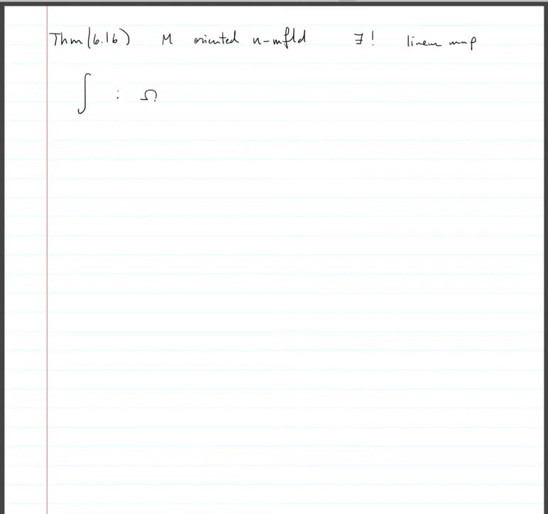It takes an n form on M and produces a number. We only need that the n form has compact support in order to have a finite integral. And when we say that it's unique, it's under the following assumptions.